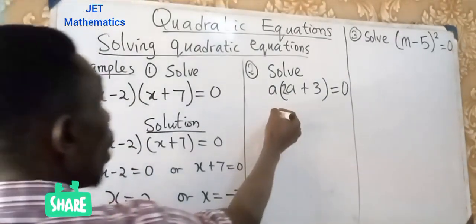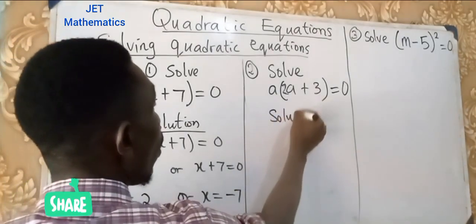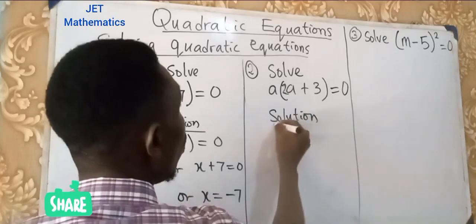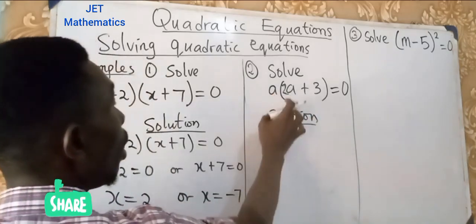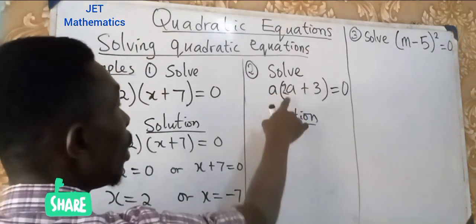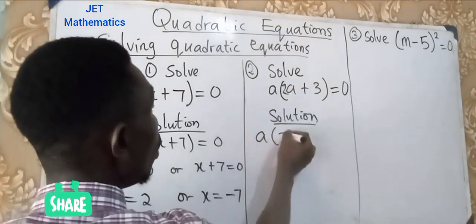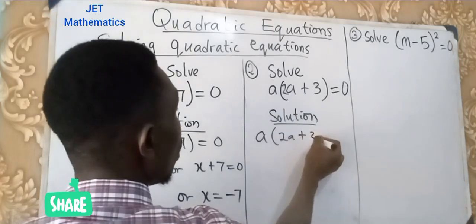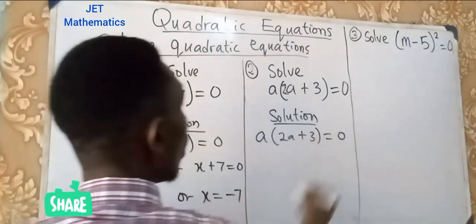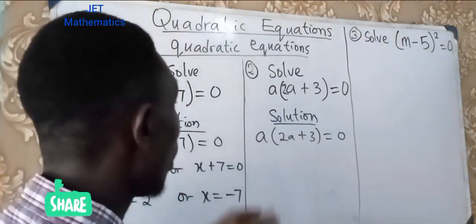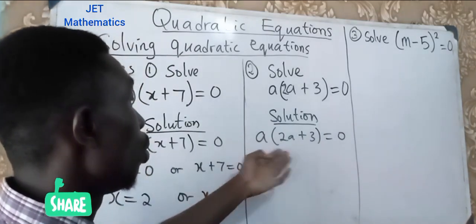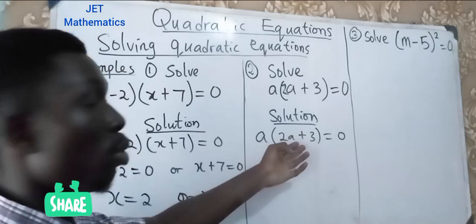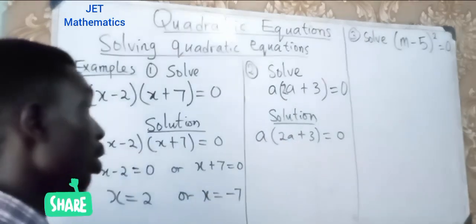So for example 2, we have a multiplied by (2a plus 3). So this is also a quadratic equation that we factorize into two linear factors, and this is the product of the two linear factors.